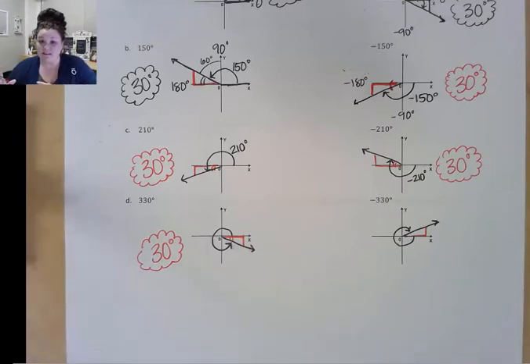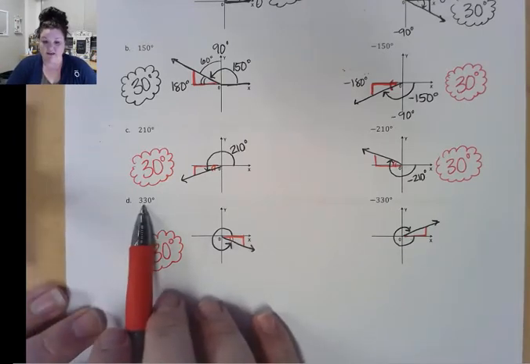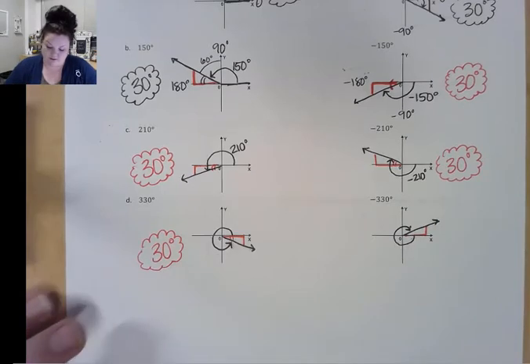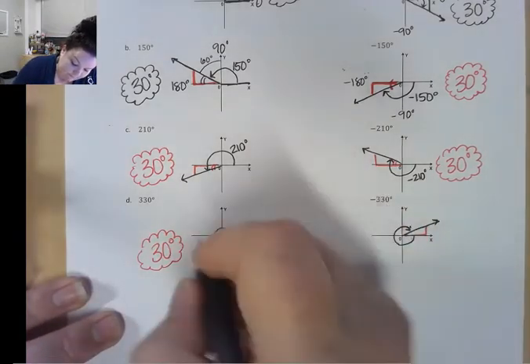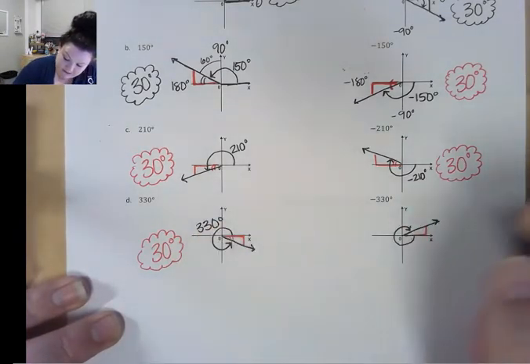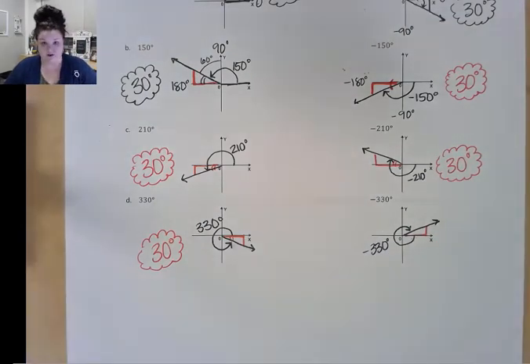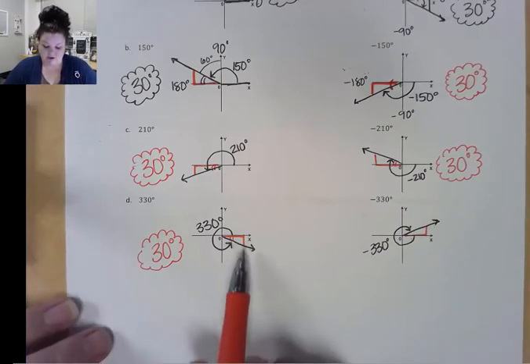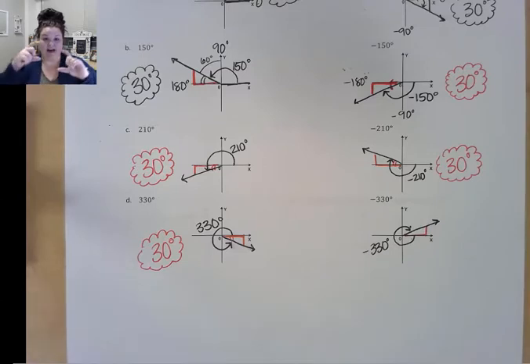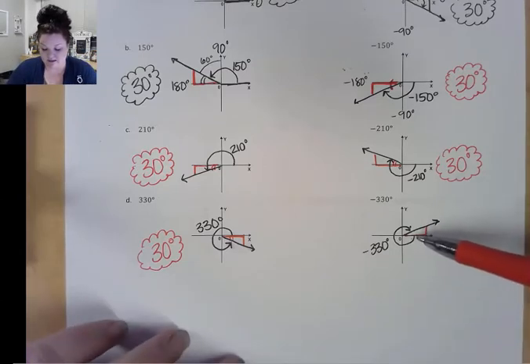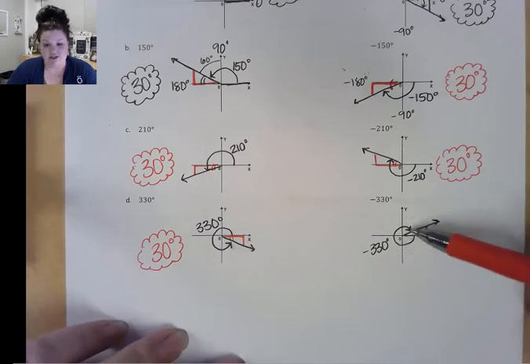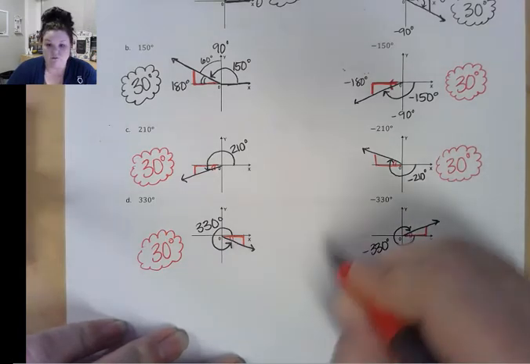So standard position angle is what we have written, right? And what we write on here, whoops, I forgot to write mine: 330 degrees, negative 330 degrees. That's our standard angle. Our reference angle is the angle that shows up in our little triangle wherever that angle ends up being. Okay, so negative 330, I go in the clockwise position, and I stop just 30 degrees shy of a full rotation.